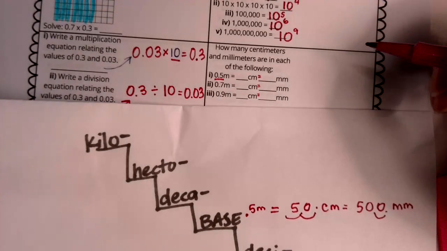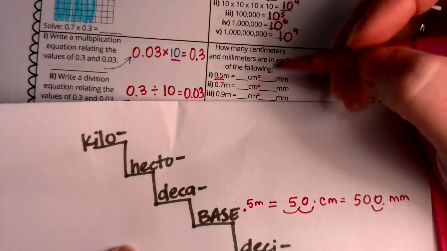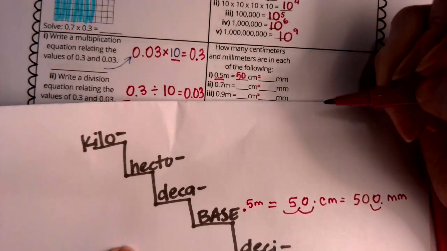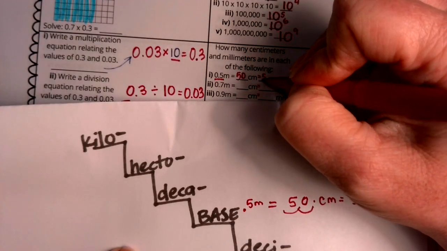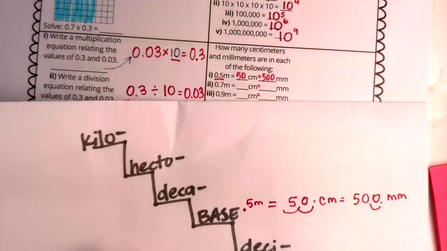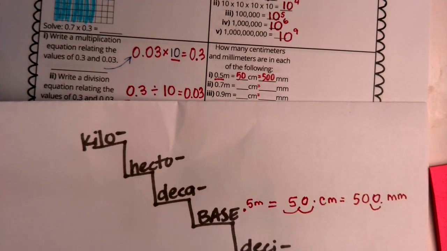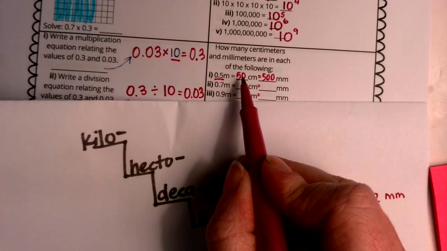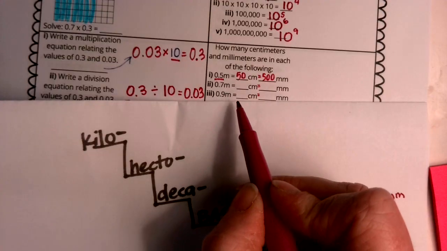So I'm going to come now and write that 5/10 of a meter is equal to exactly 50 centimeters and exactly 500 millimeters. Now, if I know that to be true, when I take a look at 7/10 of a meter and I'm converting to the exact same unit, I know that I'm going to be moving the decimal two times to the right to get to the same idea as I had here.